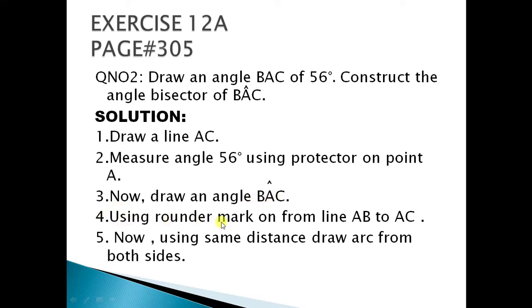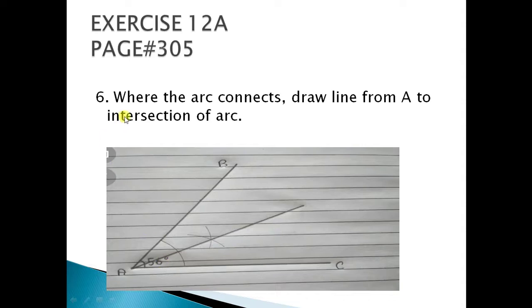Using a compass, mark an arc from line AB to AC. Fifth part. Now using the same distance, draw arcs from both sides. Here we have a sixth point. Where the arcs intersect, draw a line from A to the intersection of the arcs. Now this is our diagram.